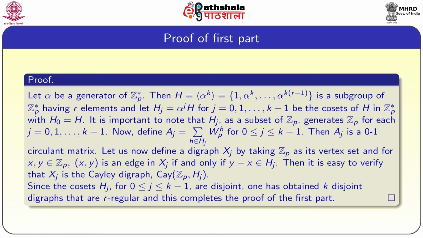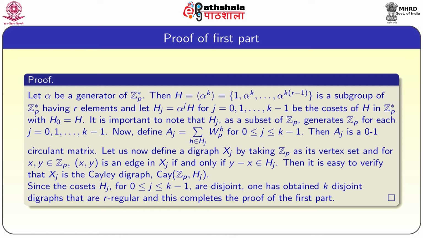Let us now define a digraph Xj by taking Zp as its vertex set, and for any x, y belonging to Zp, (x, y) is an edge of Xj if and only if y minus x belongs to Hj.